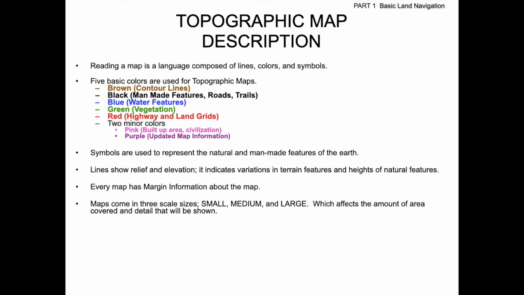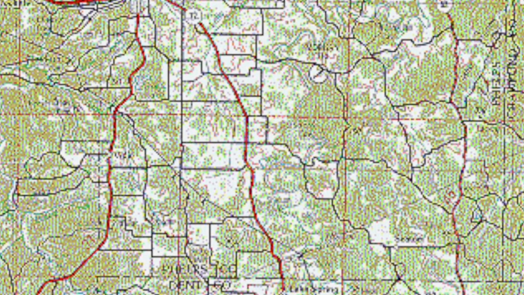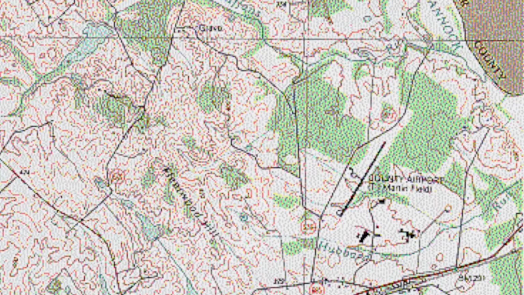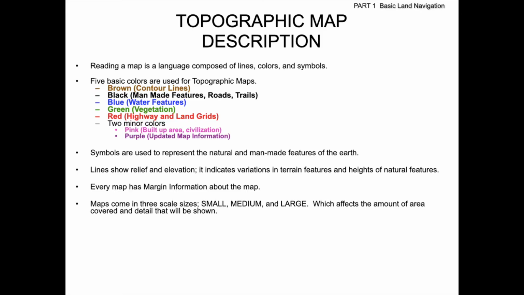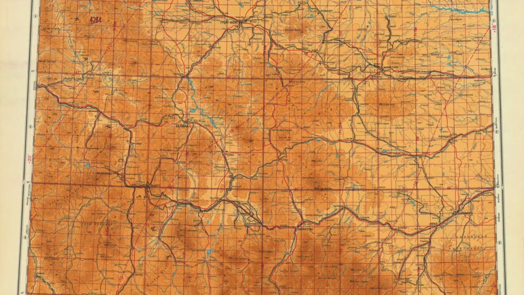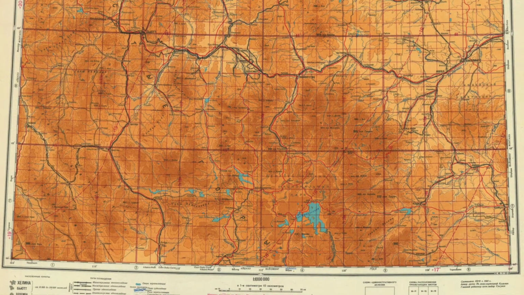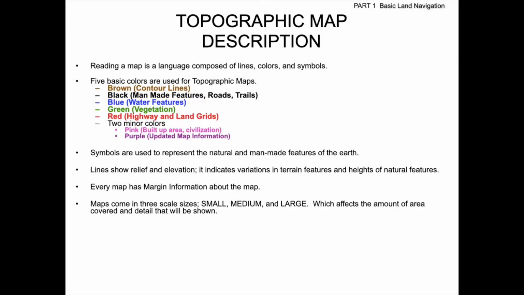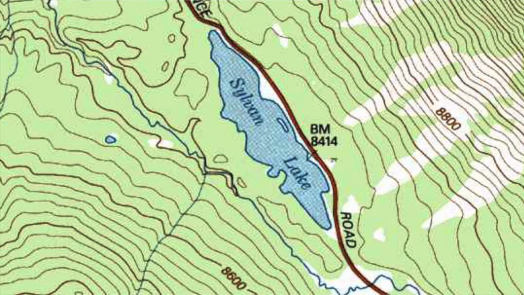So these scale sizes are basically, what you'll notice is the grids are bigger, smaller, etc. The bigger the grid, the more detail it's going to show, the more terrain feature changes that you'll see, the more precise you'll be able to get. The smaller the scale, the more area it'll show, which might be good for you needing to travel across a long distance, but the larger the grids are, the more detail it will have.